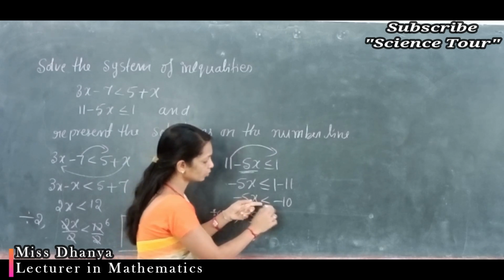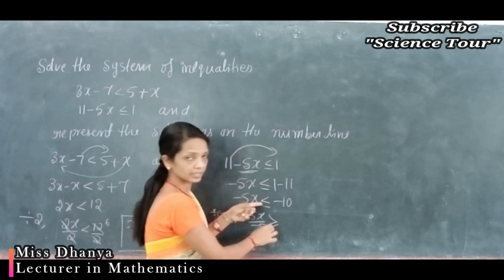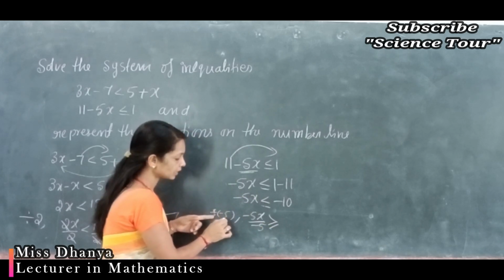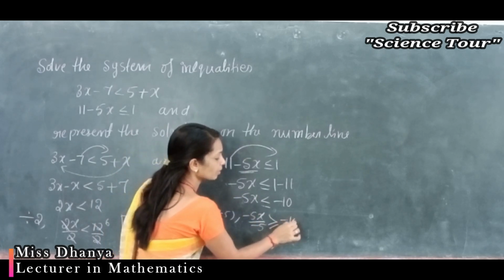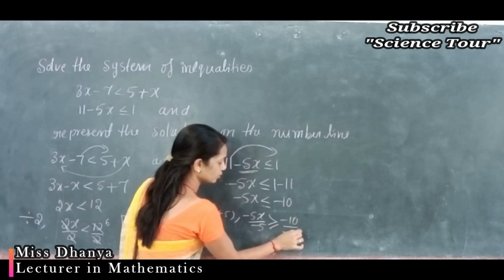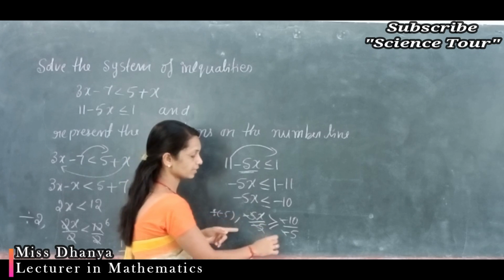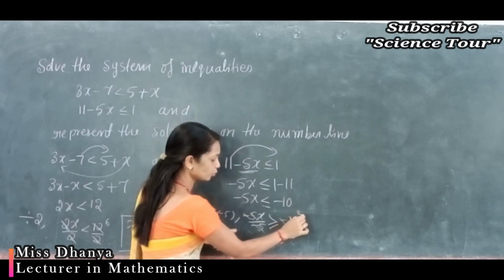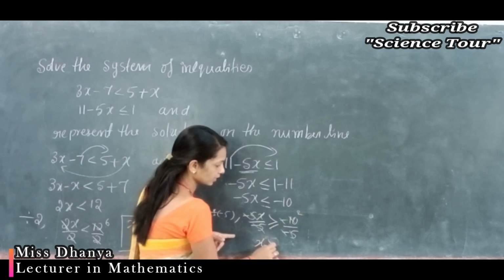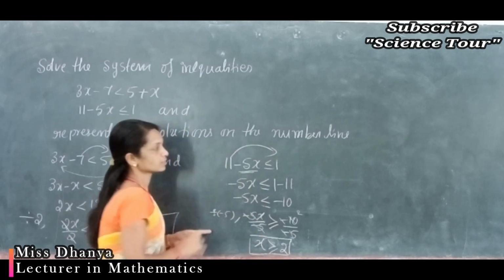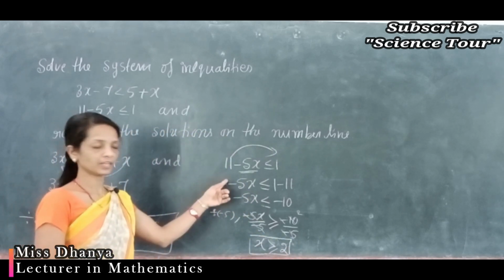Less than or equal to you write as greater than or equal to, because you are dividing by a negative number. Minus 10 divided by minus 5: minus cancels, 5 cancels, and 5 once, 5 2 times. So we get x is greater than or equal to 2. This is the simplification of the second inequality.